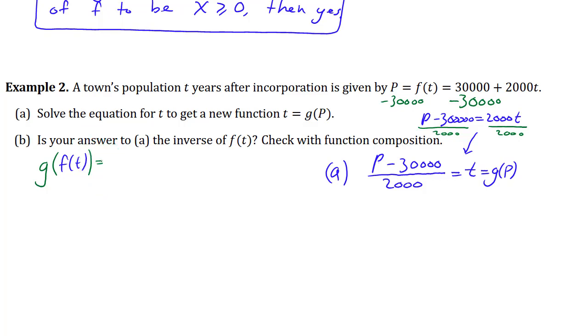So the f of t is still 30,000 plus 2,000 t. And that's what we're going to plug into this function g here. The g says to take the input, subtract 30,000, and divide by 2,000. That's what we're going to do with this.